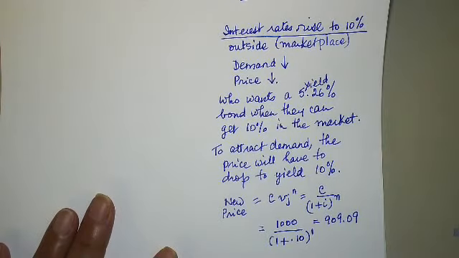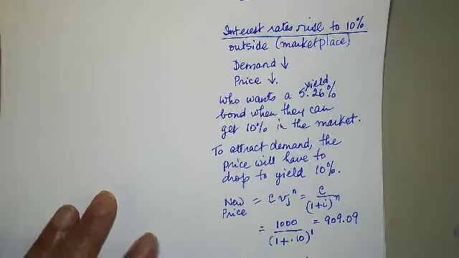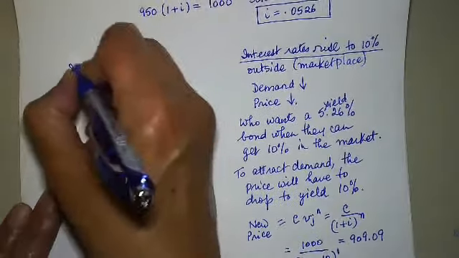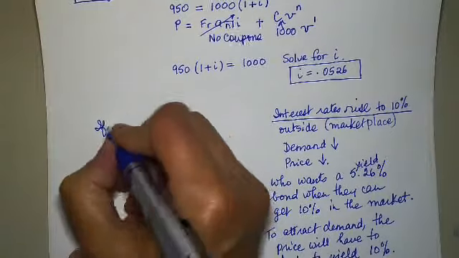The price used to be 950. The new price is going to be 909. They're going to have to adjust the price because nobody is going to pay 950 for a 5% bond anymore, because they could just go to Apple Savings Bank and get 10%. Follow me? Okay, just the opposite happens if interest rates fall.